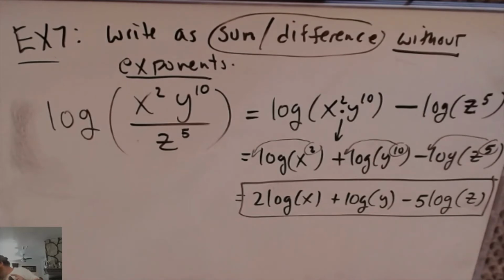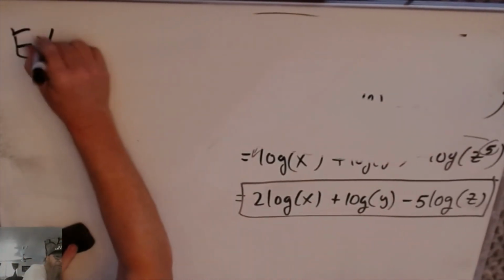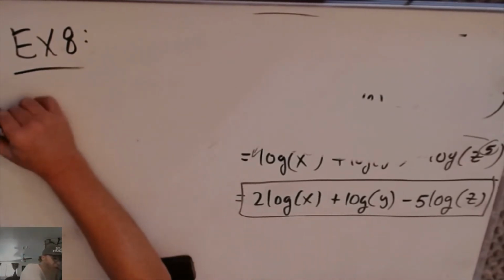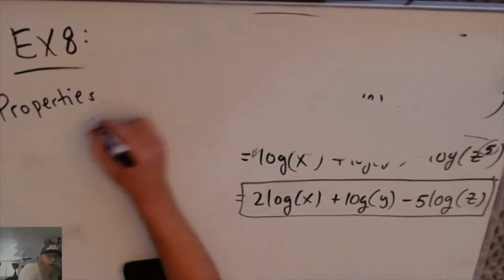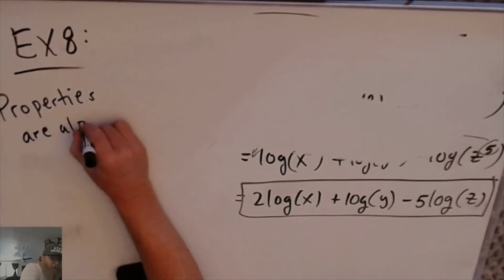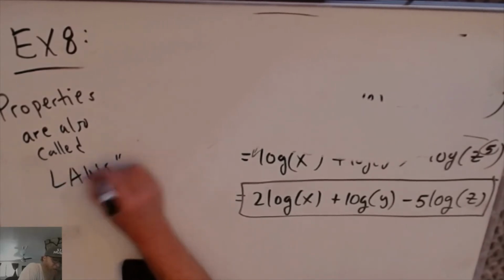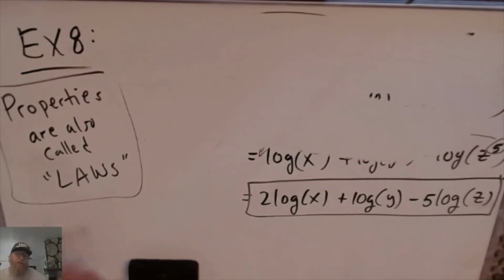I guess one more of these, and then we'll shift gears a little bit. I should point out before I move on that properties are also called laws. Some questions will say, use the properties.